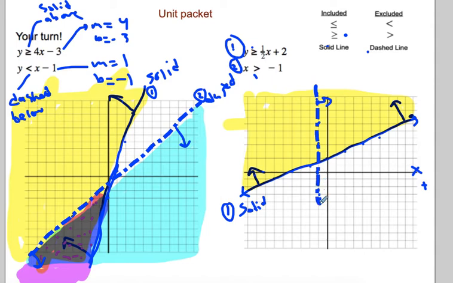So here is a vertical dashed line going through. We want to be greater than that line. So we're shading to the right, because all of the x values that are bigger than -1 are to the right, like 0, 1, 2, 3, whatever.